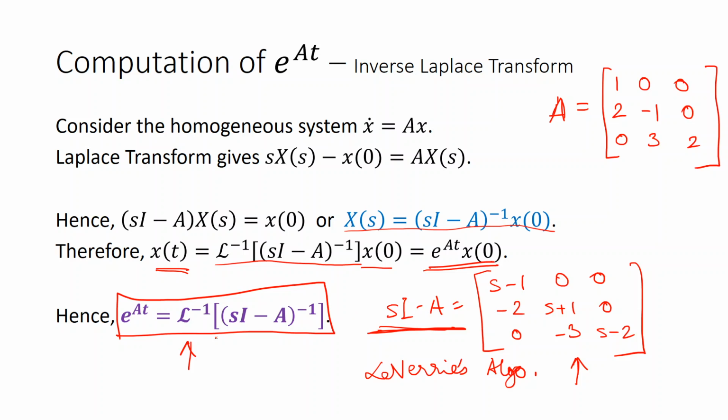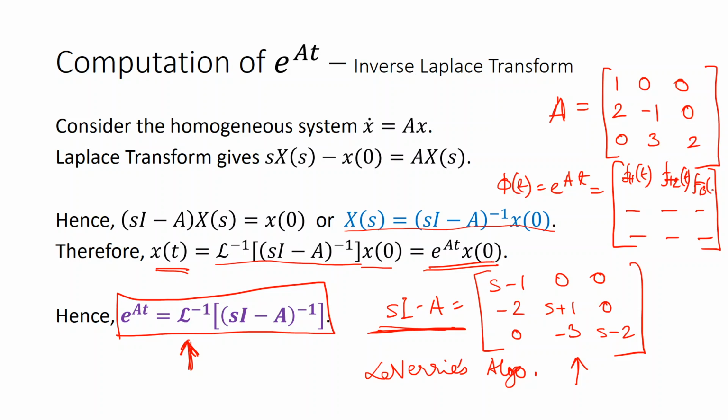You do a Laplace inverse over that, and what you will get is a matrix phi(t) equals e to the power of At. It will be a 3 cross 3 matrix, and these terms would be some functions of time, f11, f12, f13, and here f21(t), f22(t), like this.